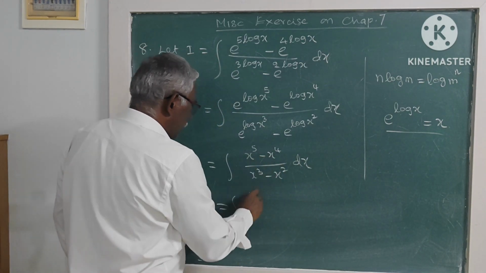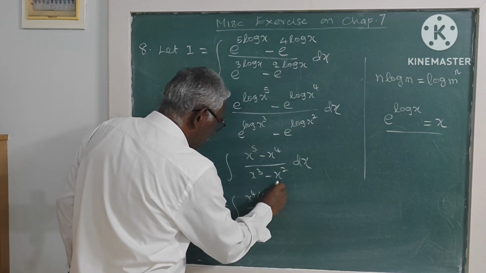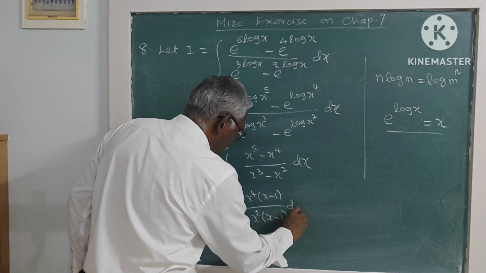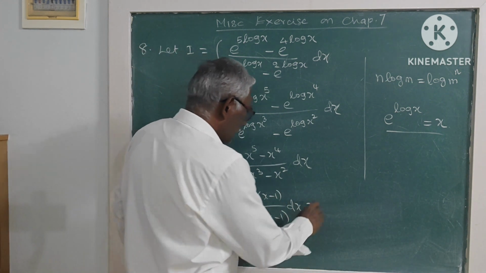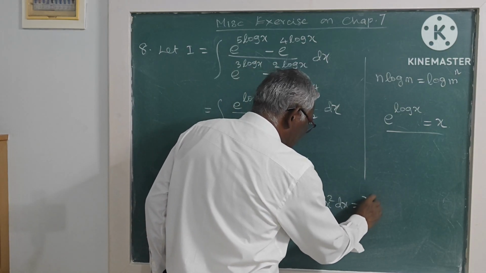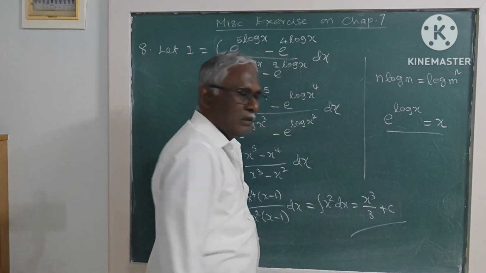Now take x power 4 commonly outside, x minus 1 by, so this will become integral x square dx. So this is the answer.